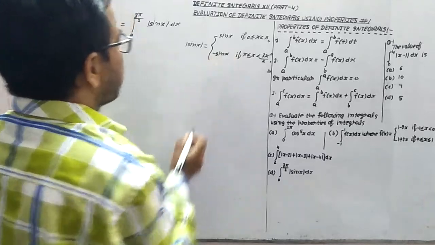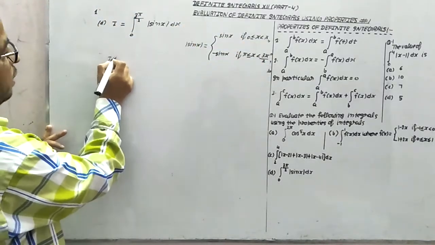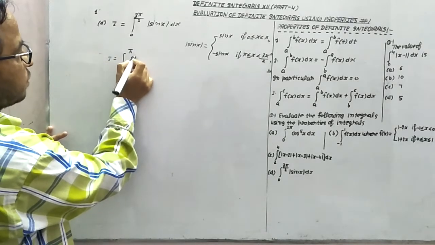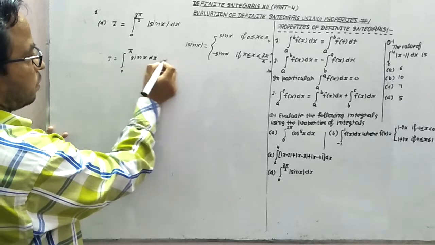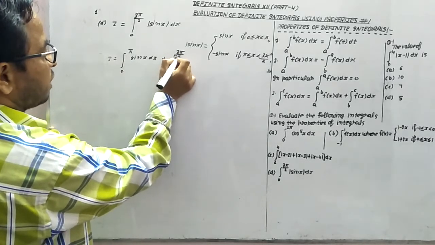On the basis of this, we will split this at pi. That is why I is equal to the integration from 0 to pi of sin x dx plus the integration from pi to 3 pi by 2, and what is this?